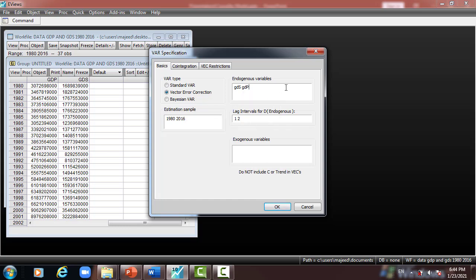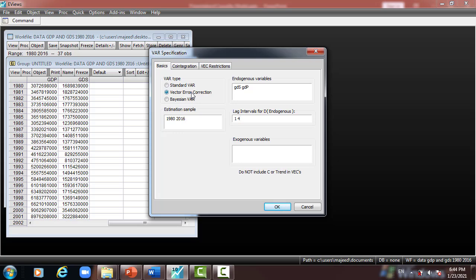The lag here should be 3 or 4. Let me put 4 lags.